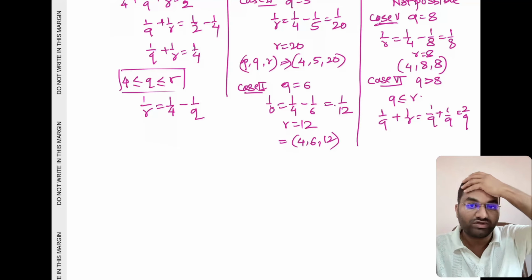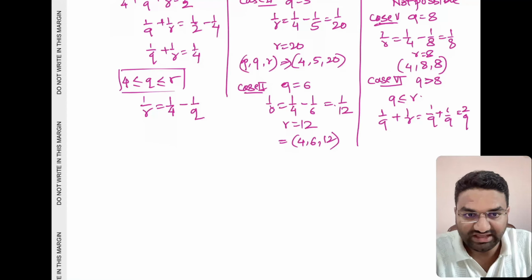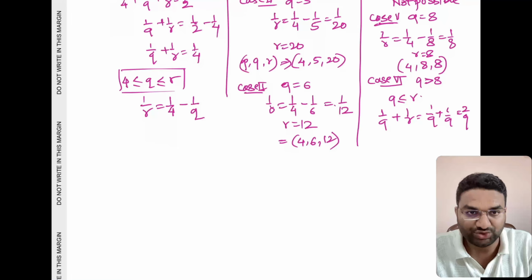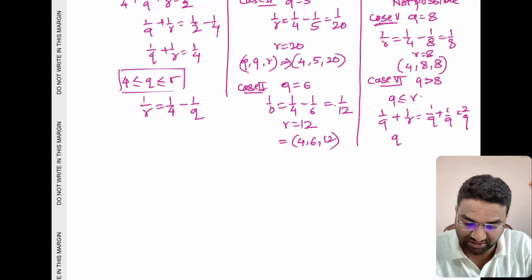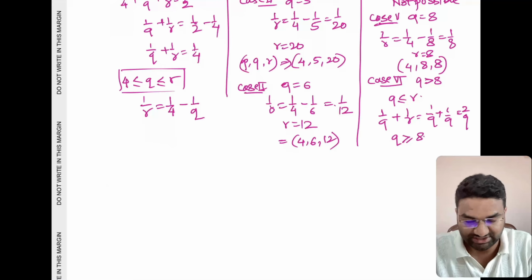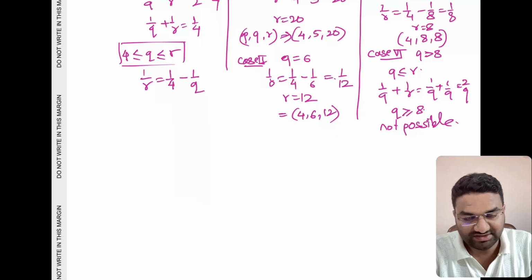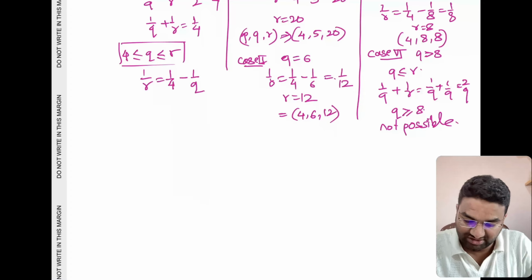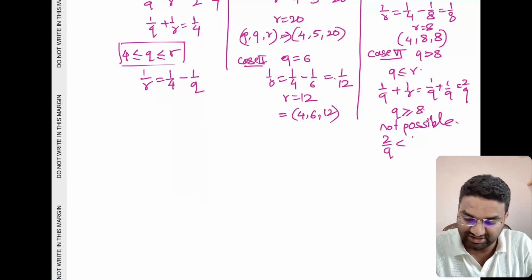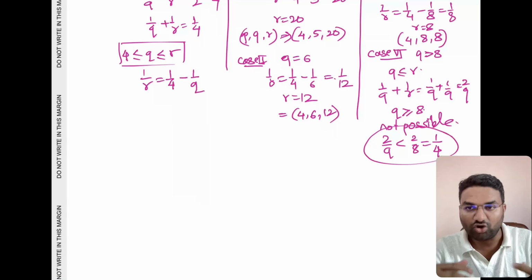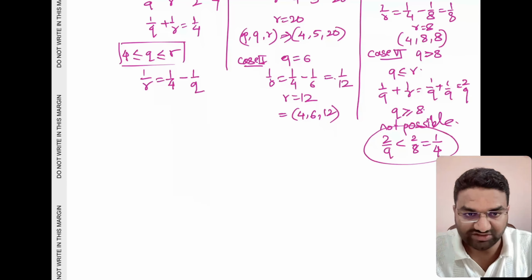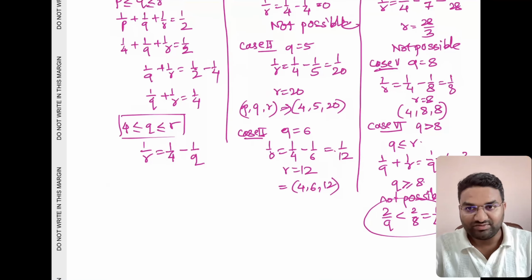So it's basically an impossible situation when we have Q greater than 8, so it's not possible. Because here 2 by Q is less than 2 by 8, which is equal to 1 by 4. This does not hold, right? It contradicts our original equation. That's why it's not possible, and that's how we can draw the conclusion.